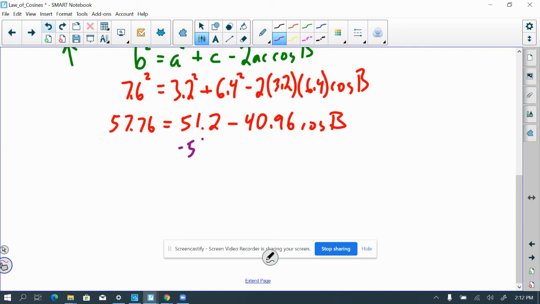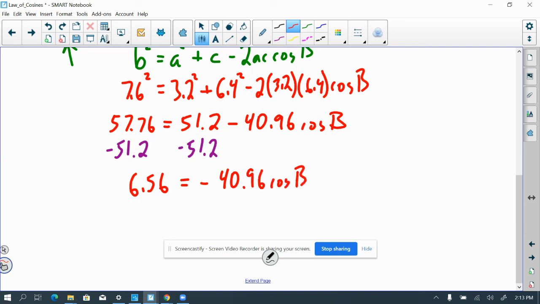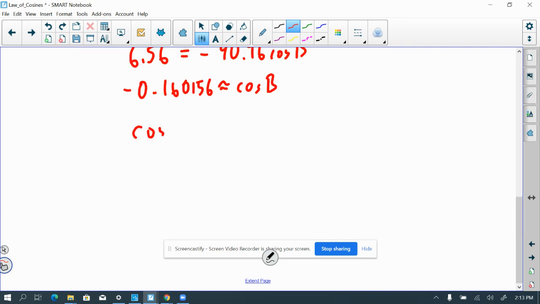What you can do, because you got an equal sign, is you could subtract 51.2 on both sides. So 57.76 minus 51.2 is about 6.56 equals, don't forget the negative, 40.96 cosine B. Divide by negative 40.96, and you get negative 0.160156 is about cosine B. Cosine inverse.